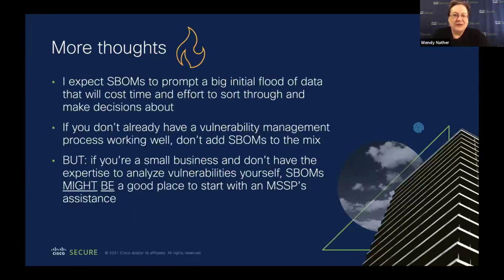Then you may want to reconsider your relationship with that vendor. This is going to be a new level of relationship between customers and providers where they have to figure out how to have these dialogues and these negotiations around SBOMs. So these are my predictions for when we start using them, whenever that is.